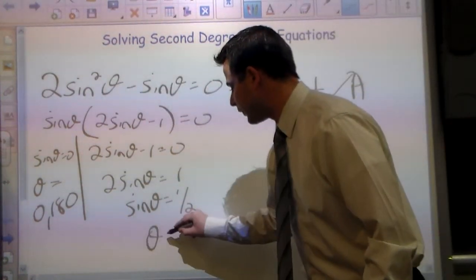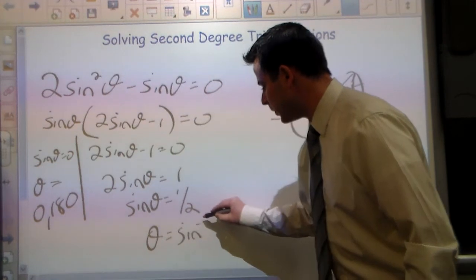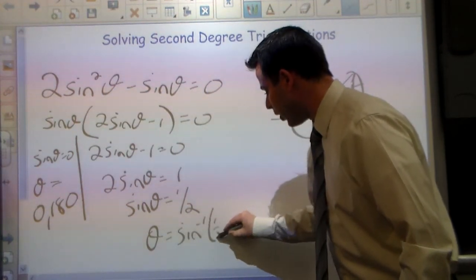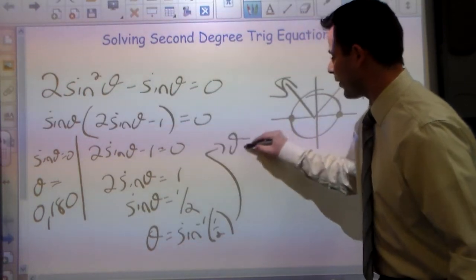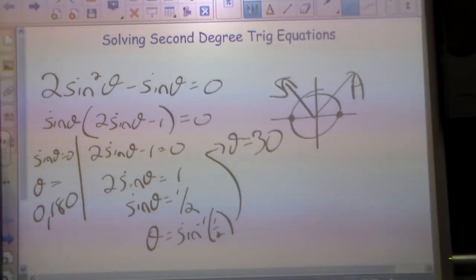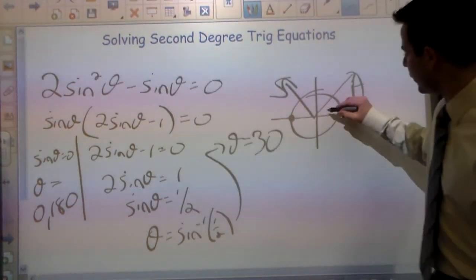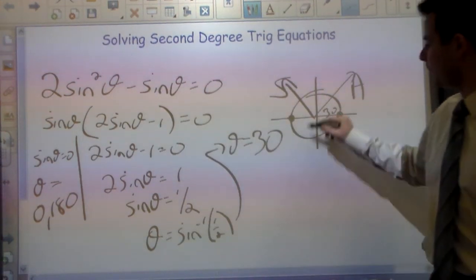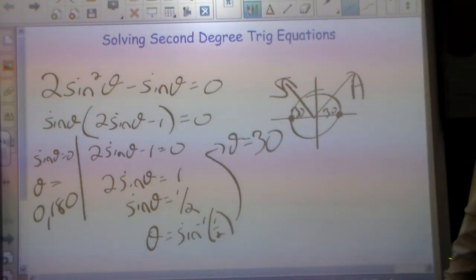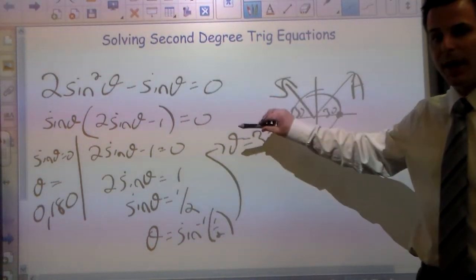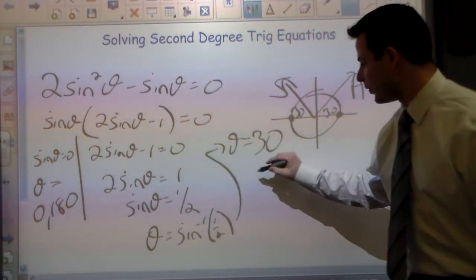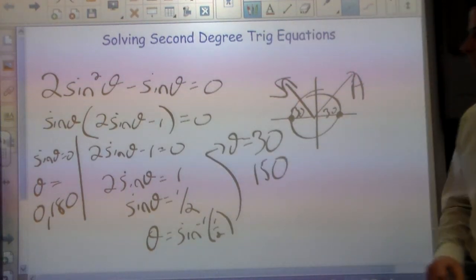If you take the inverse sine of 1/2, or the arcsine of 1/2, you should end up with a reference angle of 30 degrees. Well, that's telling us to go 30 up in the first quadrant and 30 up in the second quadrant. The x-axis is 180 degrees, and we're 30 before that. So we're going to have another solution of 150.